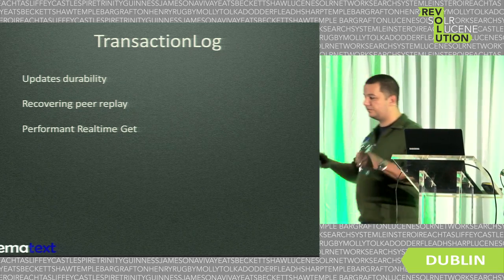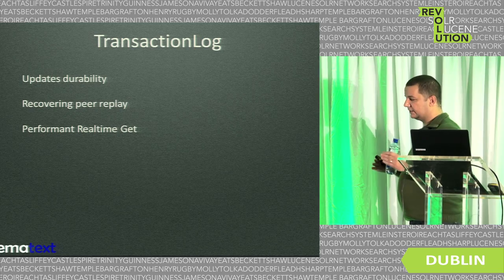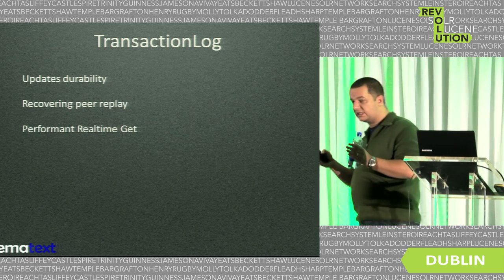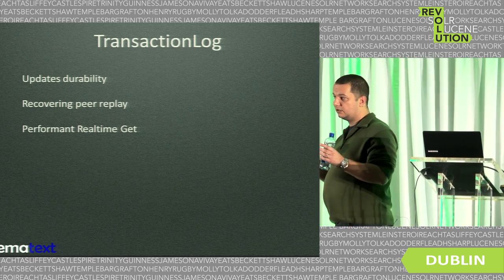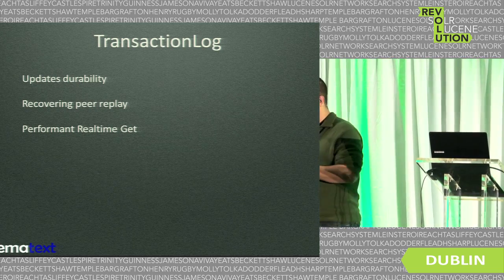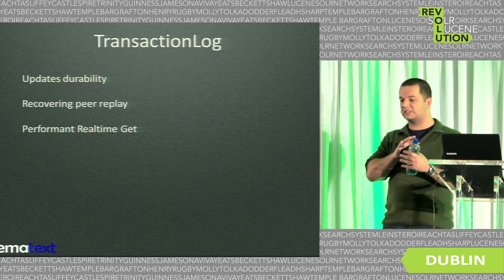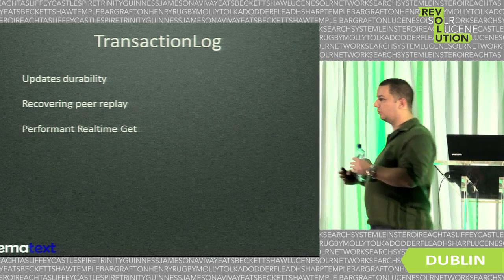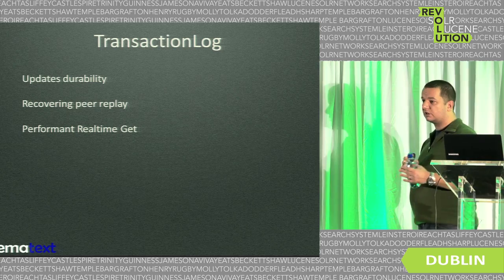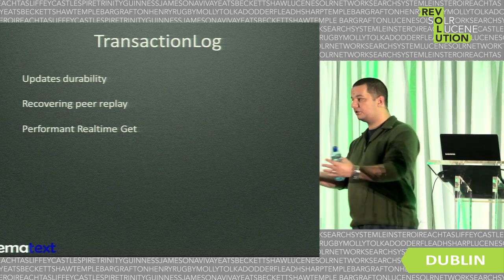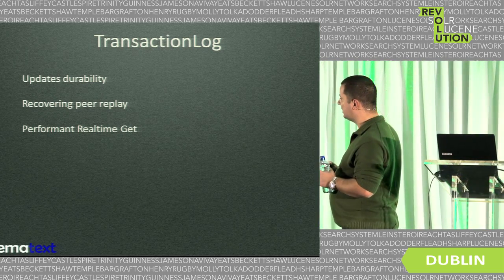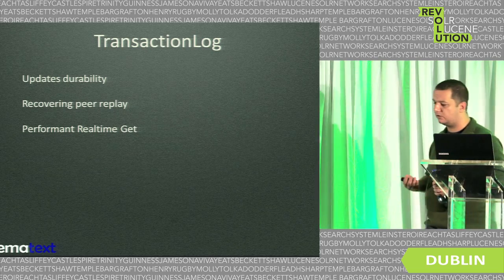So if your replica and leader shard get out of sync, Solr will use the TransactionLog to replay the few of the newest documents. The maximum is 100 of the newest documents, and the full replication won't have to kick in, because full replication needs to download the index files, and that's not always a good thing to do.